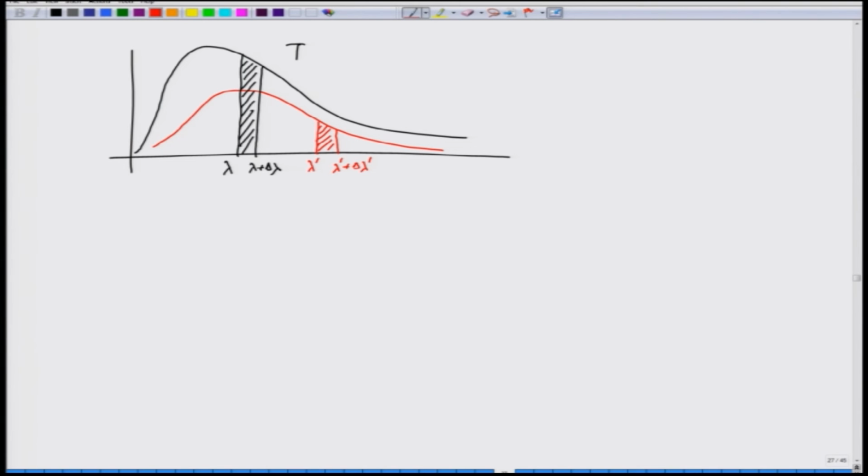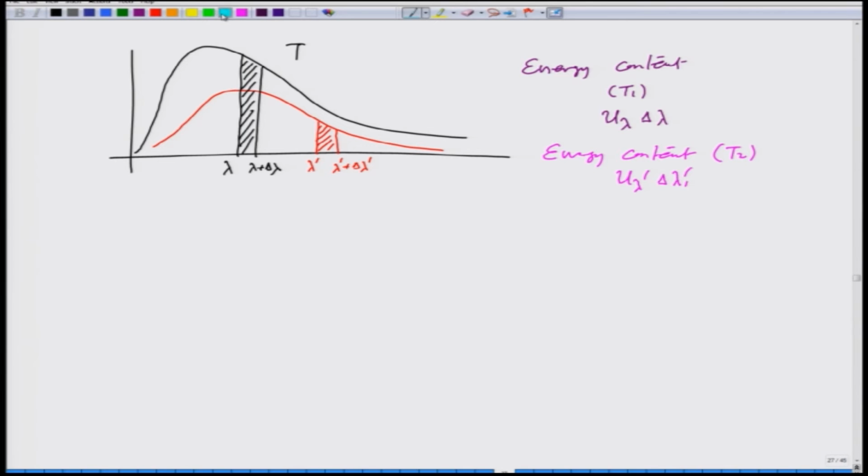The energy content in the first case at T1 was u lambda delta lambda, and this became the energy content in the second case, which is u lambda prime delta lambda prime, and I should be careful, this is at temperature T2.